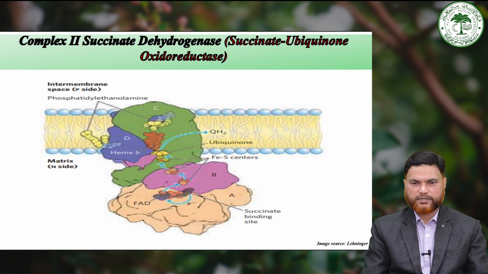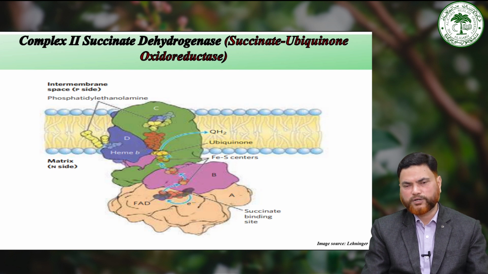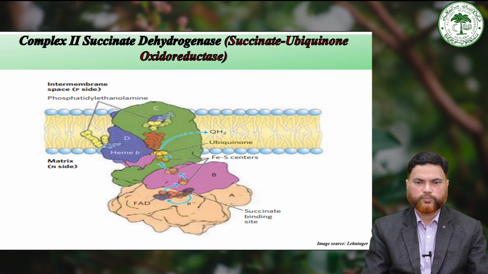The succinate binding site, that is flavin adenine dinucleotide, and 3 iron-sulfur centers are associated with the peripheral proteins extending toward the mitochondrial matrix. Additionally, the hydrophobic integral membrane proteins have 2 binding sites for ubiquinone, along with an association with cytochrome b.